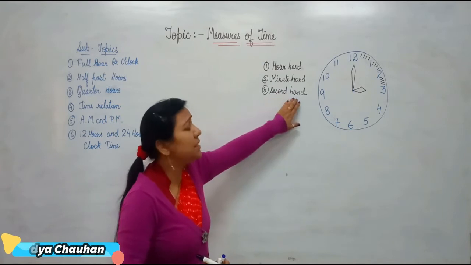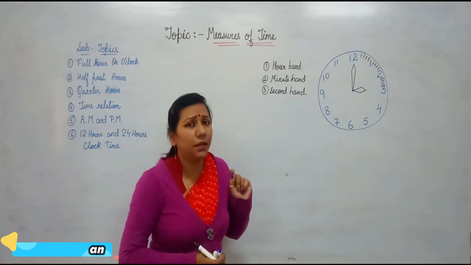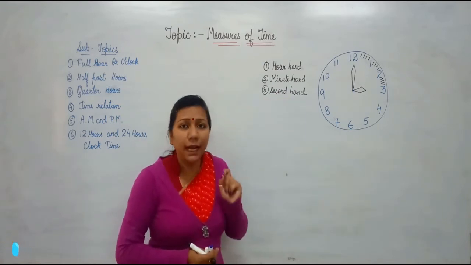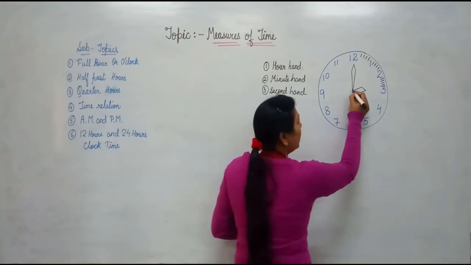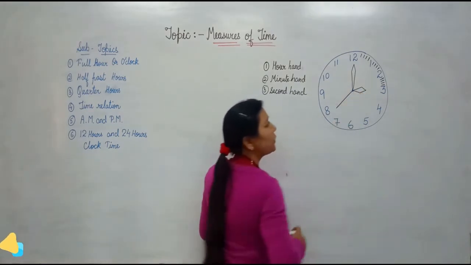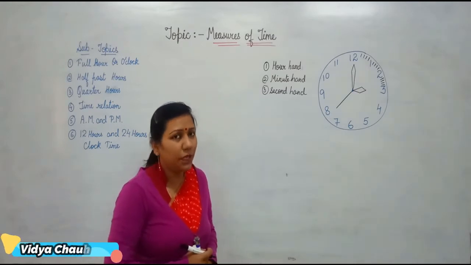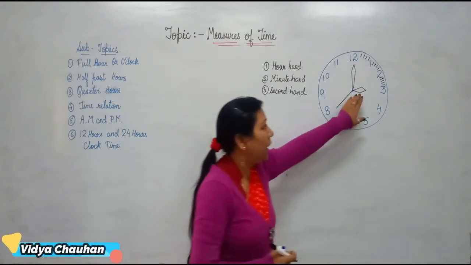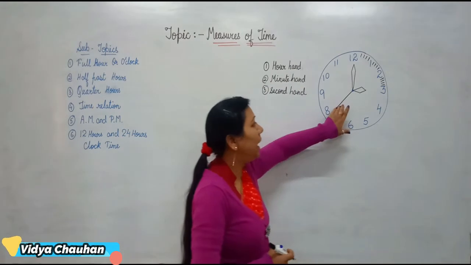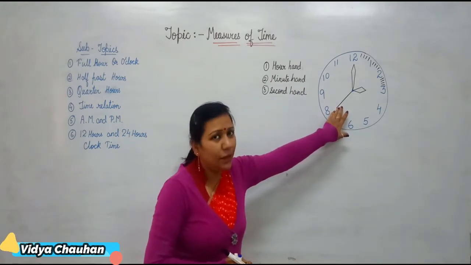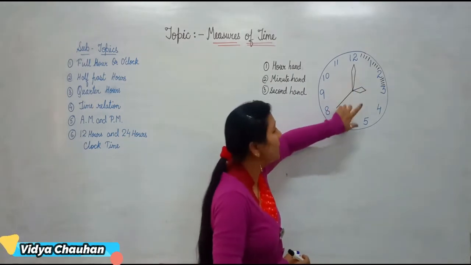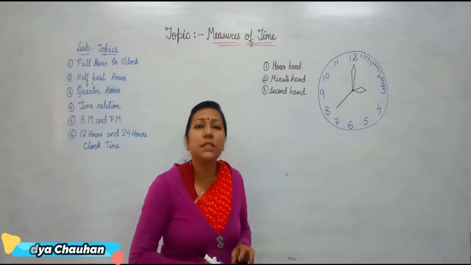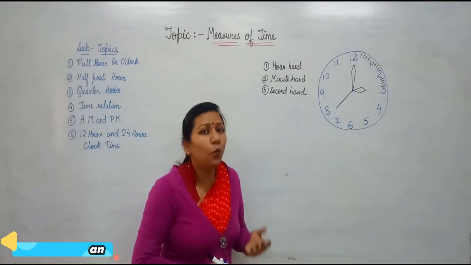After that, there is a very thin needle present in the clock, and that is called the second hand. So let's suppose these are the 3 hands of our clock: hour hand, minute hand, and second hand. Clear students?